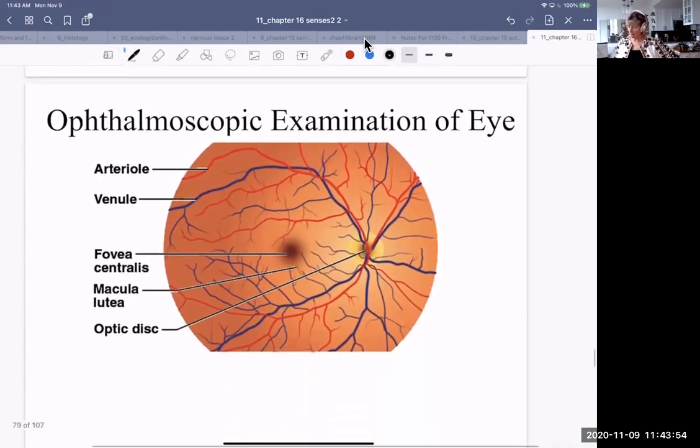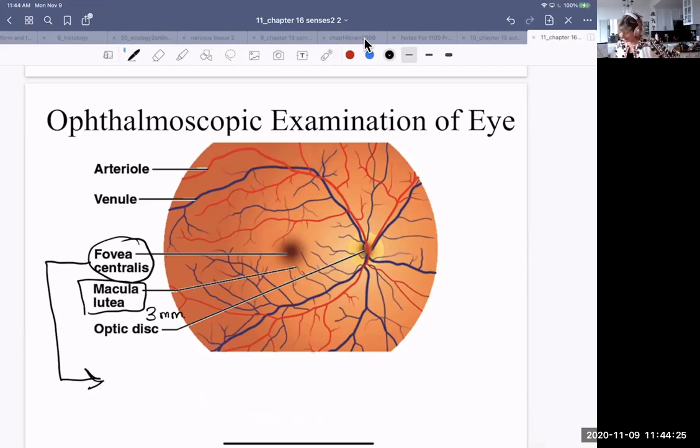So these are the blood vessels that someone would see looking through an ophthalmoscope. This is the macula lutea, this area here. It's about 3 millimeters. So it's not very large, but it contains the fovea centralis, which has most of your cones.